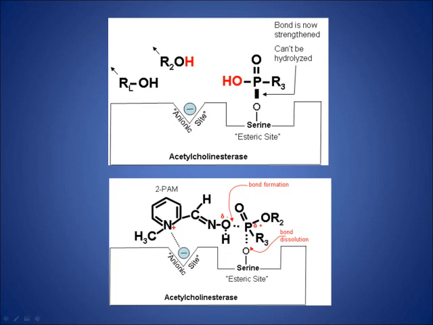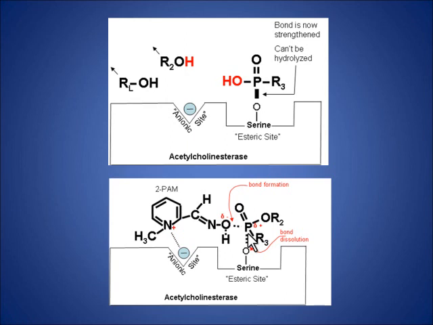The 2-PAM antidote for organophosphate poisoning is an oxime that accelerates the dephosphorylation of the enzyme. 2-PAM has good binding to the acetylcholine esterase enzyme because of its ability to bind to the anionic site that is used for the binding of the cationic choline portion of the acetylcholine ligand. This allows the oxime group, a strong nucleophile, to bond with the electrophilic organophosphate.